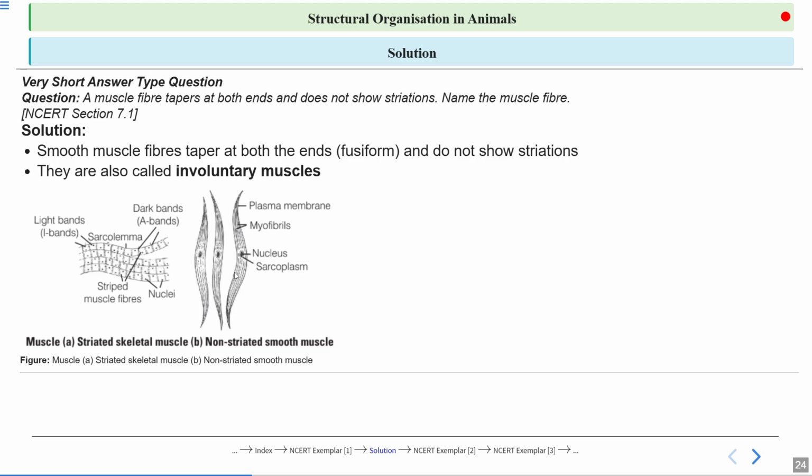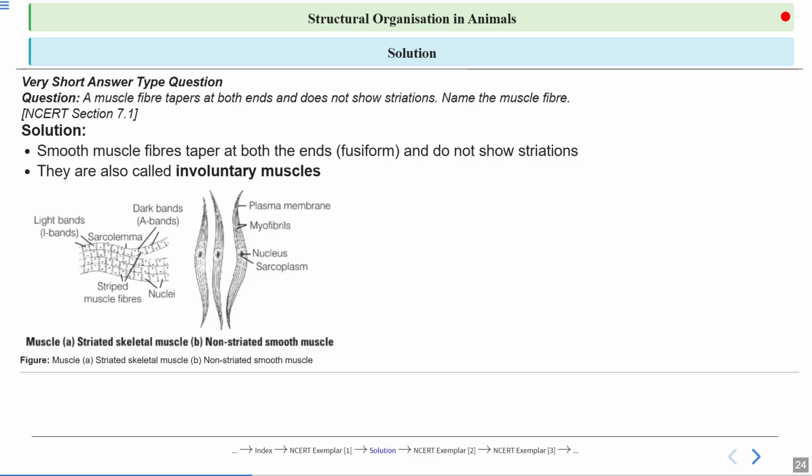And where are they present? For example, they are present in our alimentary canal. We never know, when we eat food, we know that the food is in our mouth. But once we swallow the bolus, the round ball-like structure of the food, it passes through the esophagus through peristalsis movement, and we never know when the food is in the stomach.